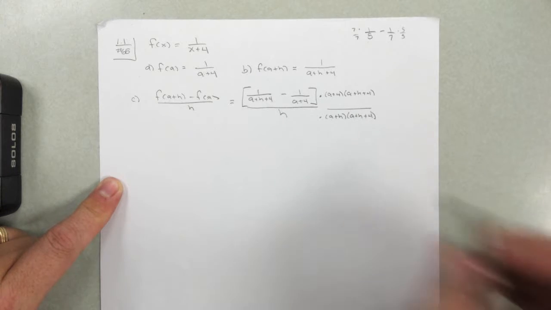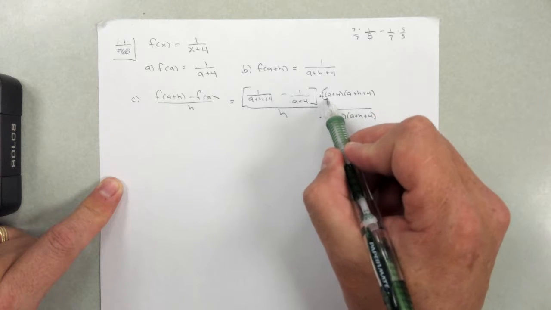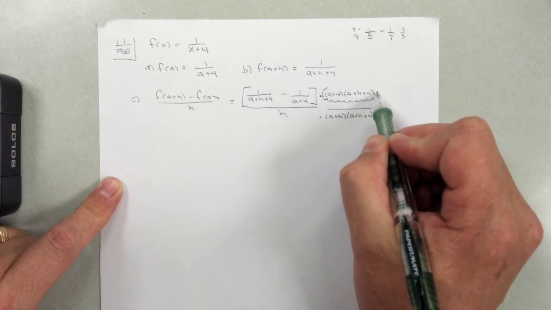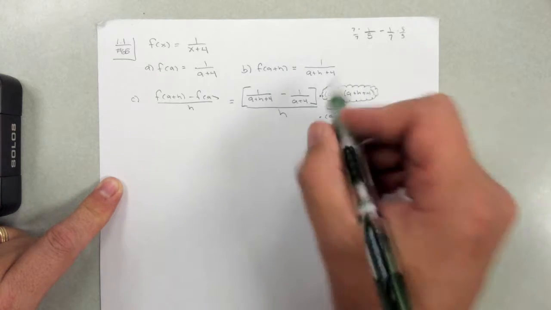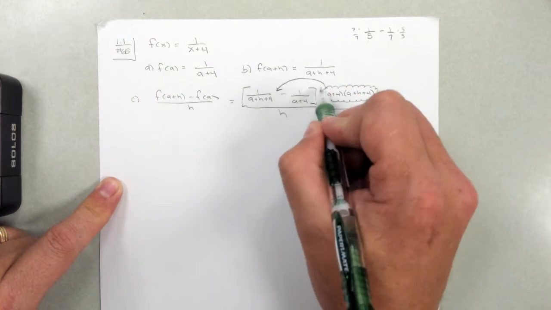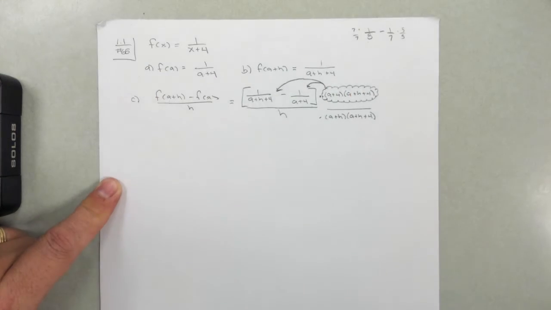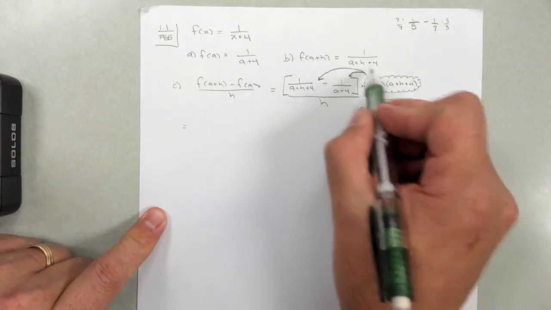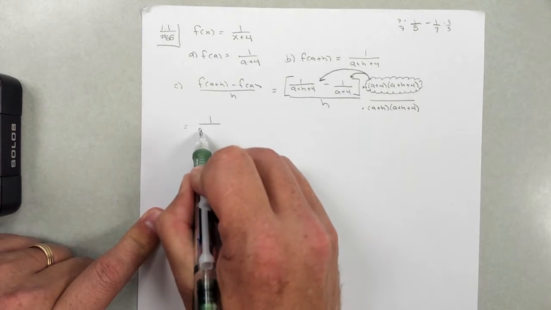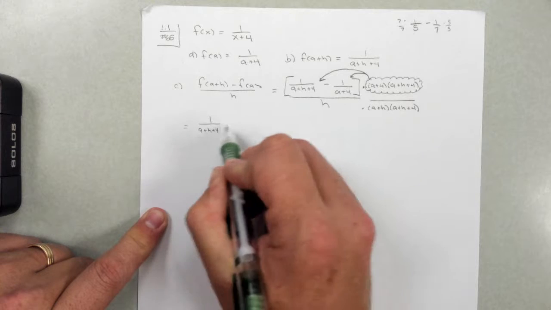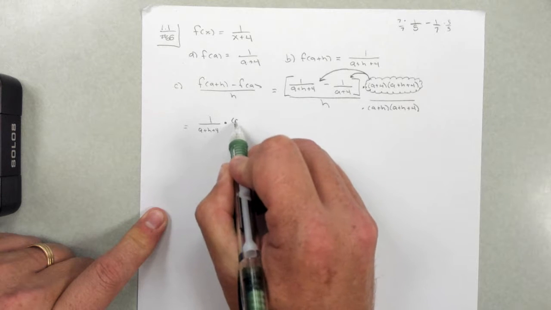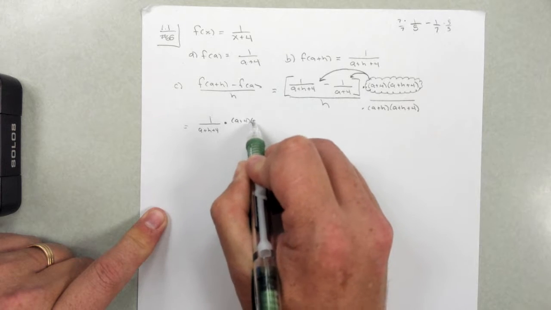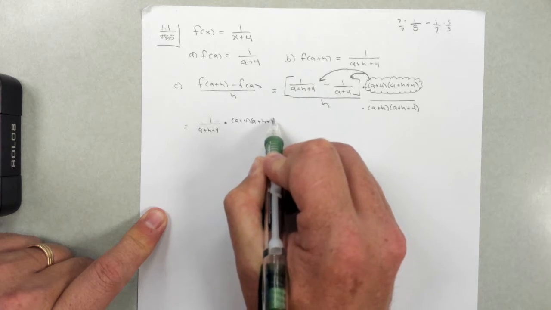Okay? Now this is a group of items, and that group is going to distribute over that subtraction sign. I'm going to show this the long way. On the first arrow, we get the original 1 over a plus h plus 4, and now we're multiplying it by quantity a plus 4 and a plus h plus 4.